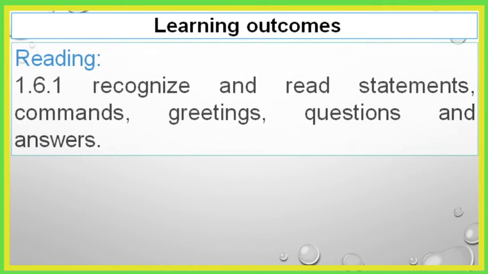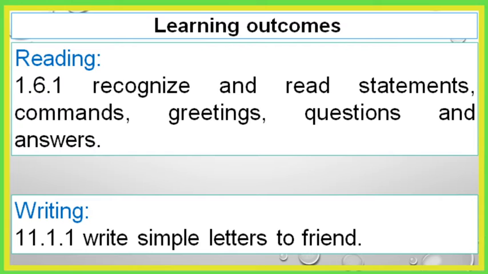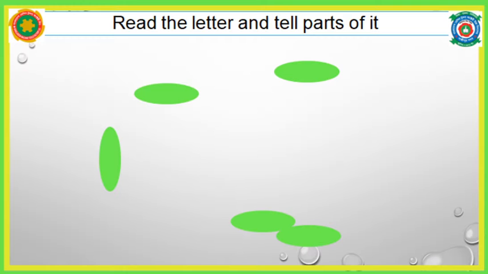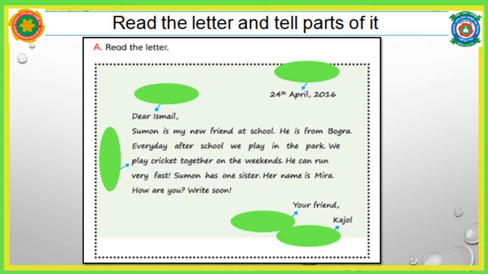After ending this session, you will be able to learn how to write a letter, the different parts of a letter and the format of a letter. So you can see here, at first, the date. This is called the heading. In the heading, you have to write the date. Then the second part is called the salutation.